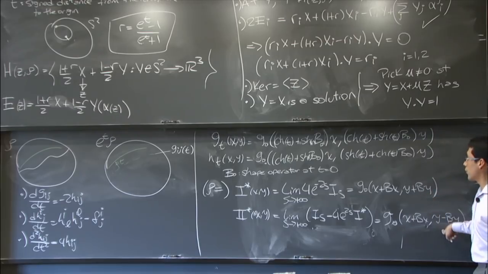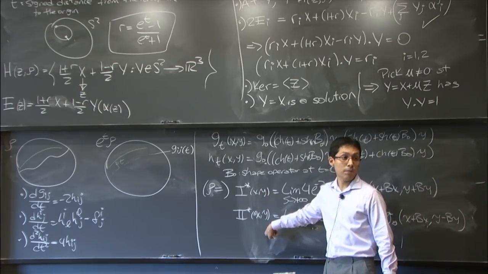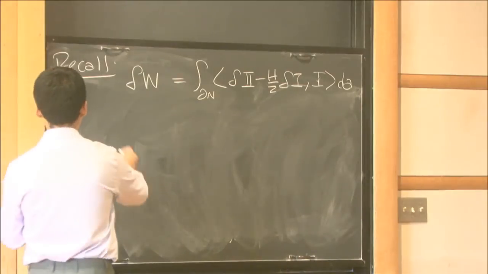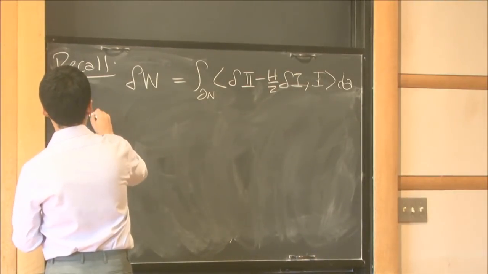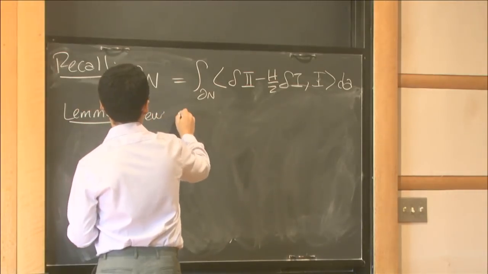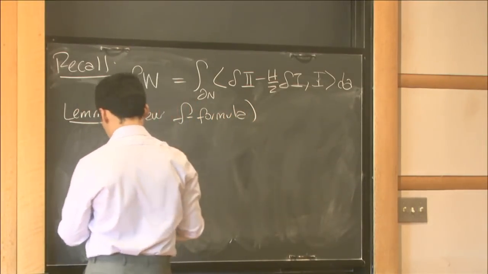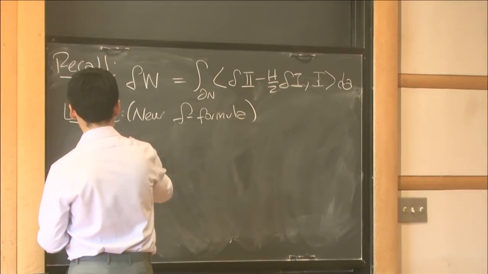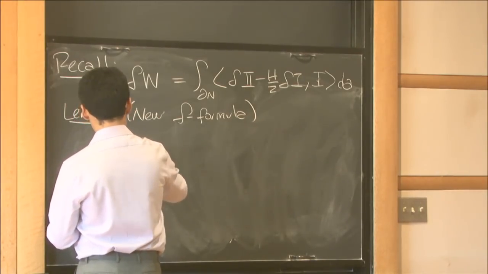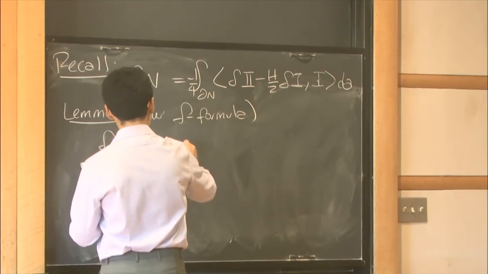You could use these two terms to translate both the metric and the second fundamental form in terms of information at infinity. If you do that, you have a lemma, which is the new variation formula. Here should be -1/4.